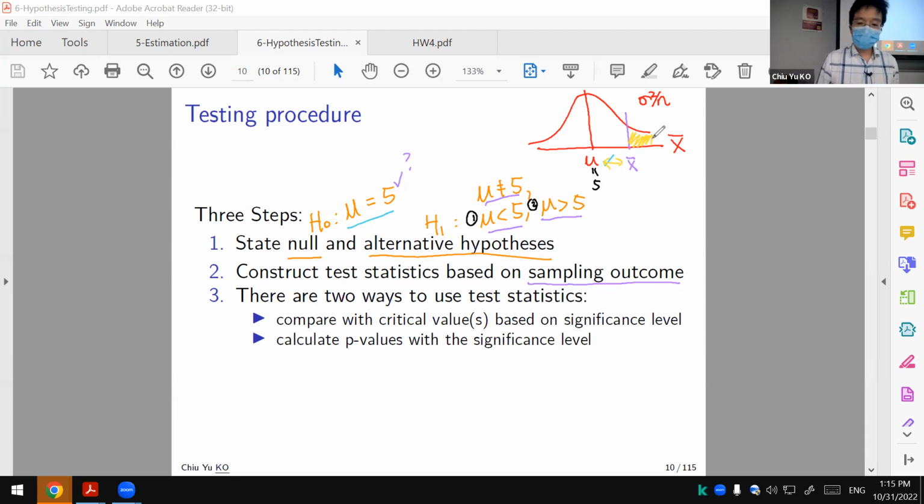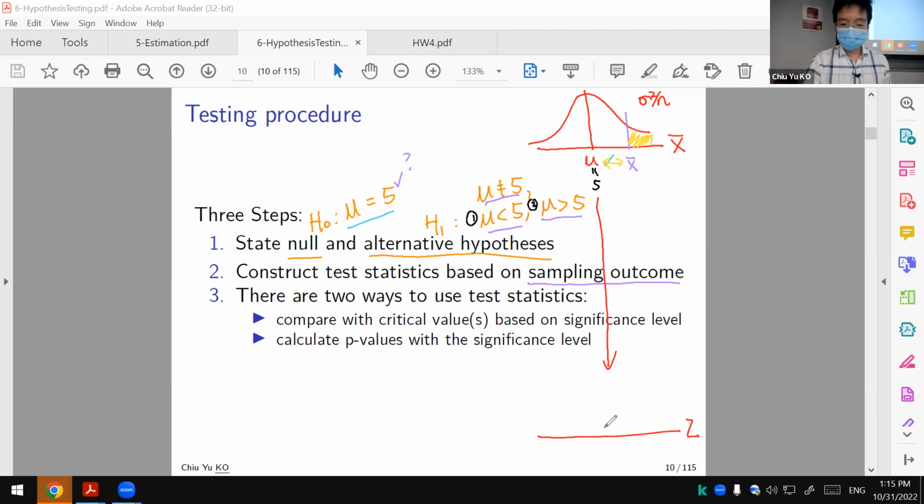The criterion is how big or how small this area is. Usually, instead of working on the x bar, we work on the z.